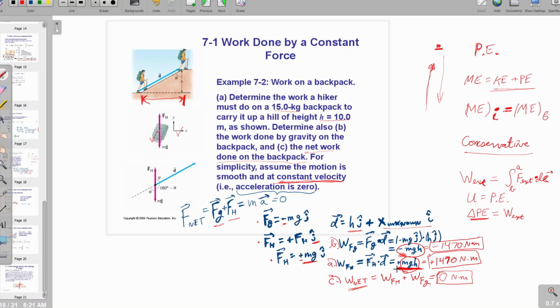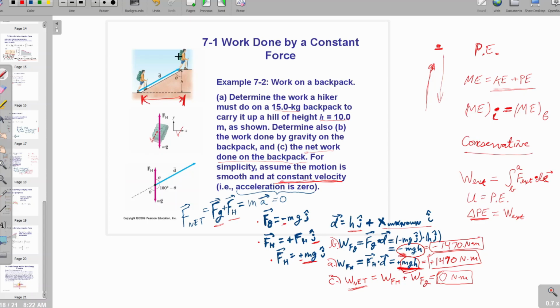Now let's relate this to the gravitational force. Here, we have an object that is moving up an inclined plane. So the object, as it moves up, ends up gaining potential energy. How do I know this?